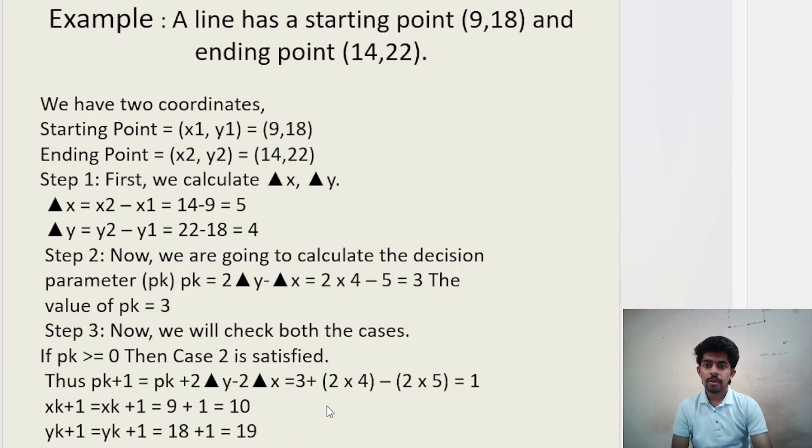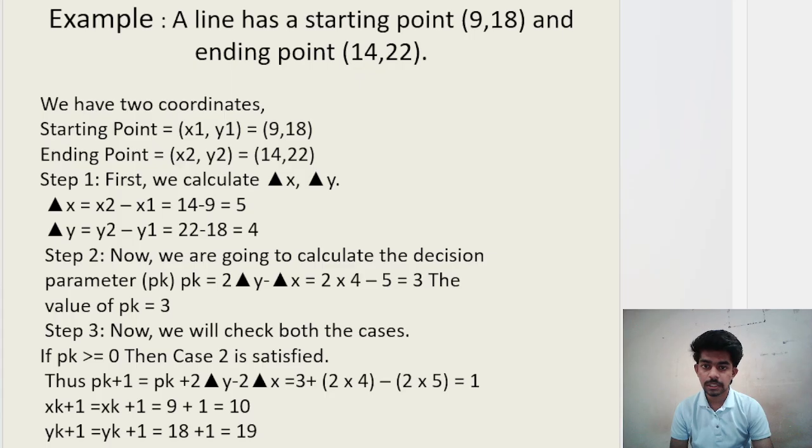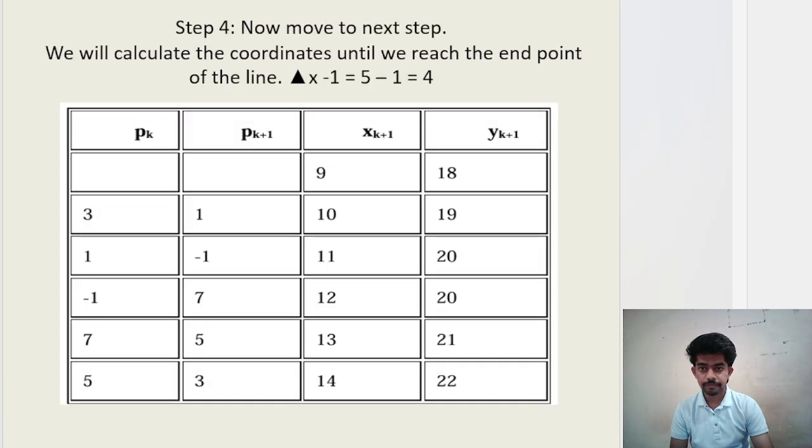Now we calculate the decision parameter, which comes to 3, which means the second case is satisfied, pk is greater than or equal to 0. Now if it is greater than 0, then we have the value of pk plus 1 equal to 1. Now let's look at the table to understand it more clearly.